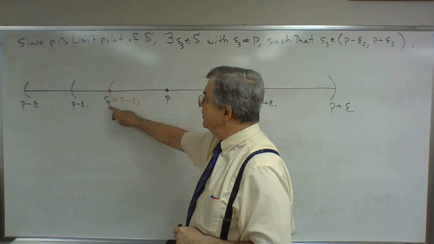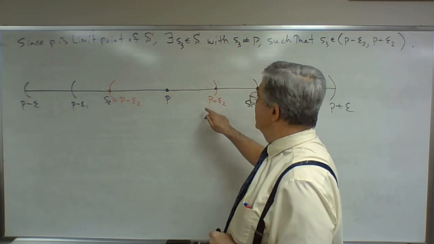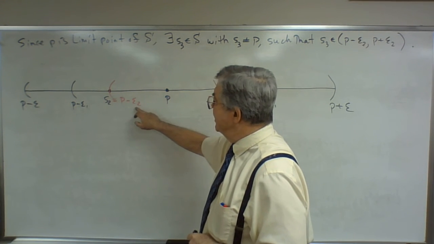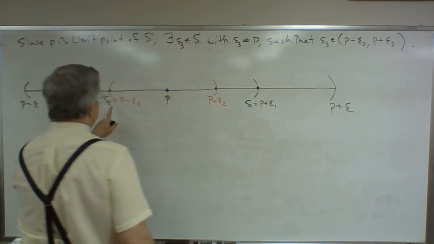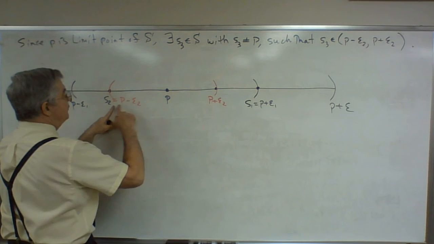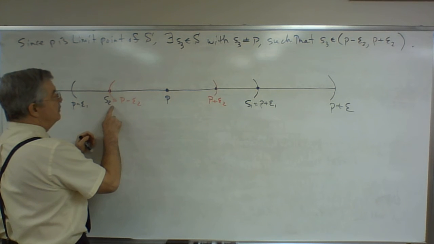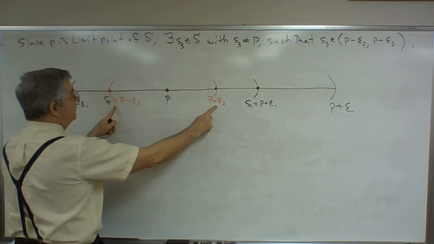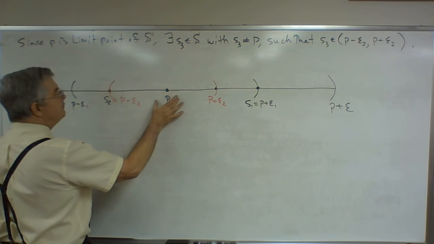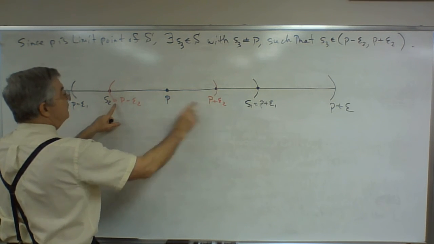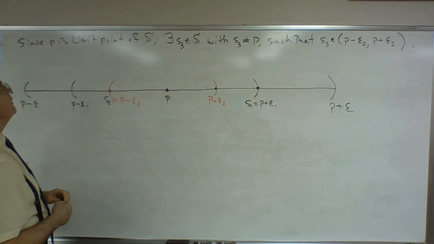Since S sub 2 is one of the endpoints of this open interval, P minus epsilon over 2 to P plus epsilon over 2, S sub 2 is not actually an element of this open interval.